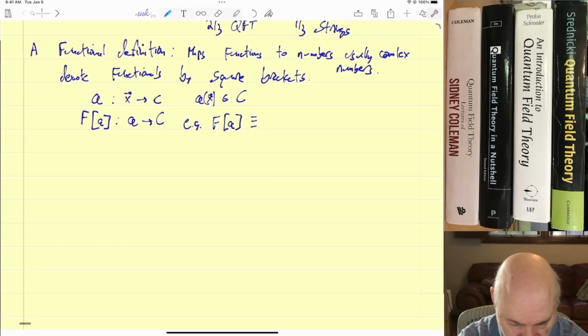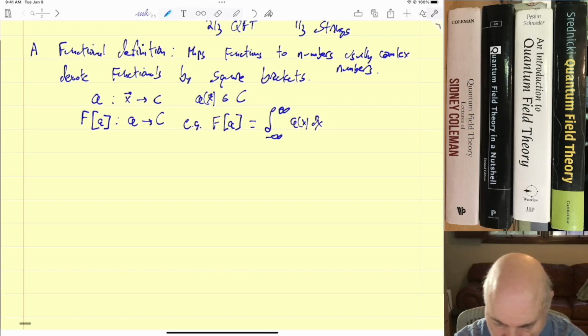It's defined to be the integral from minus infinity to infinity of a of x dx. So whatever function we substitute for a, we're going to get a single number out of it, assuming convergence and some other issues. So it maps the function a to a number.